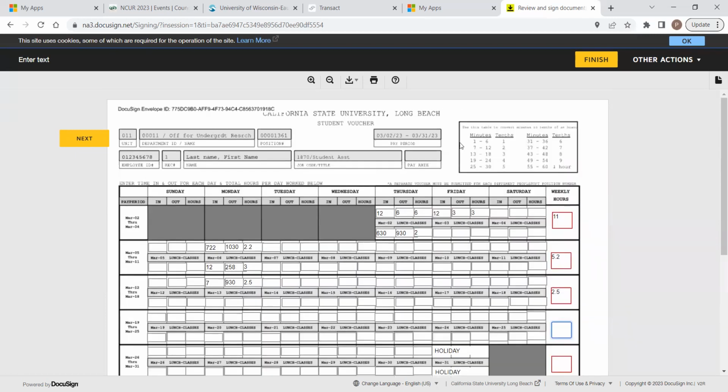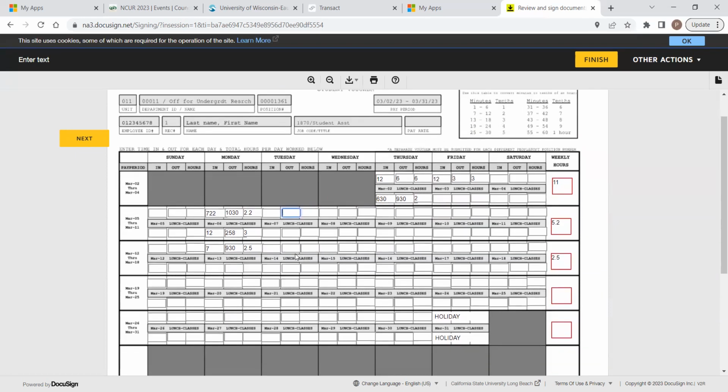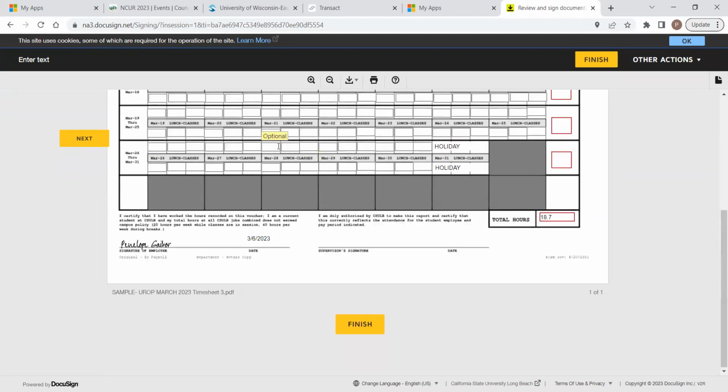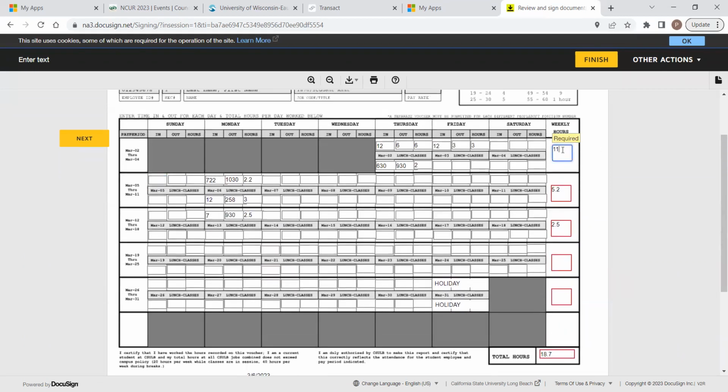Please make sure to use the conversions, and as you can see right here, you do not have to fill out all the boxes. If you didn't report time, there's no need to slash it out or to NA it. The DocuSign will let you submit if you have all the required boxes completed.